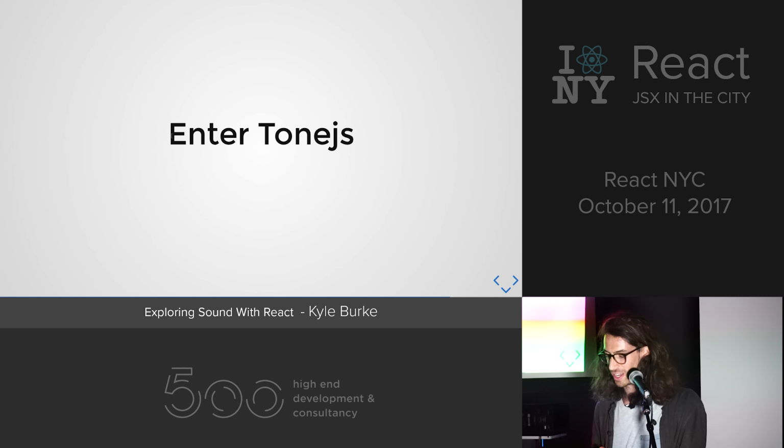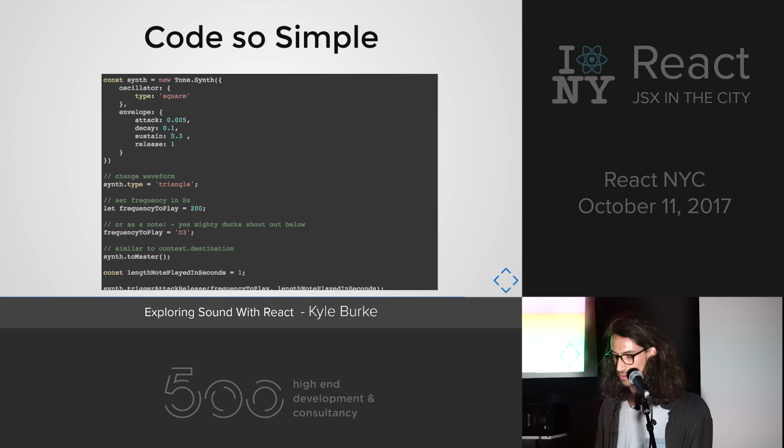Tone.js is a fantastic JavaScript library that's built on top of the Web Audio API. And so it's awesome because it has a lot of this really baseline functionality already built out for you. So for instance, if we wanted to create a simple synthesizer, all we have to do is say new Tone.Synth. We assign the oscillator type, we set up the envelope, we could even change the type later on.